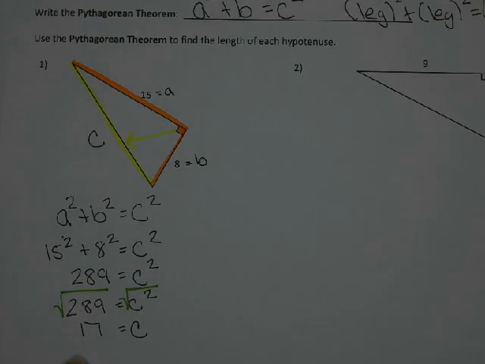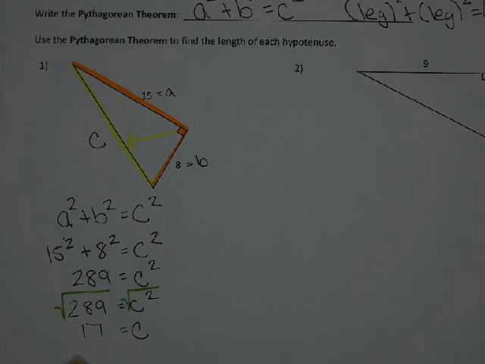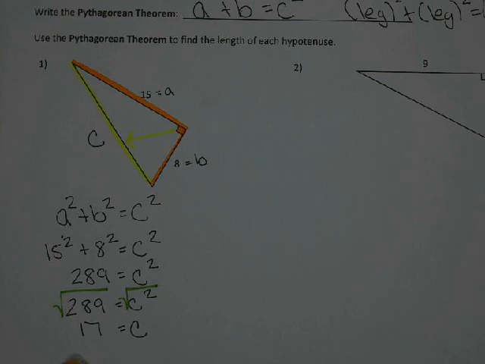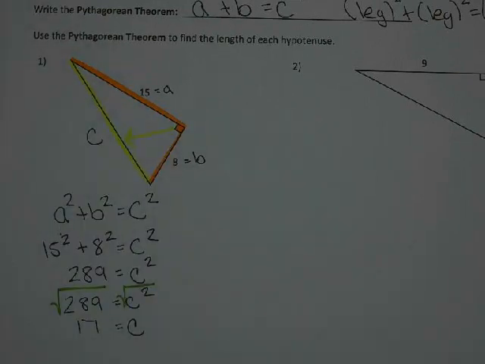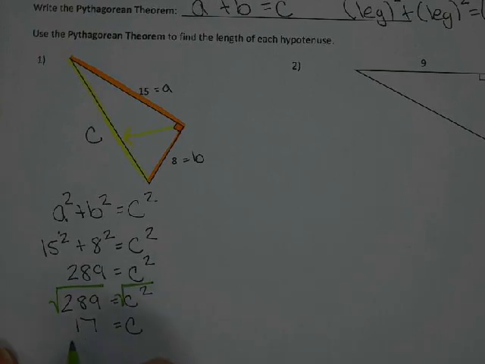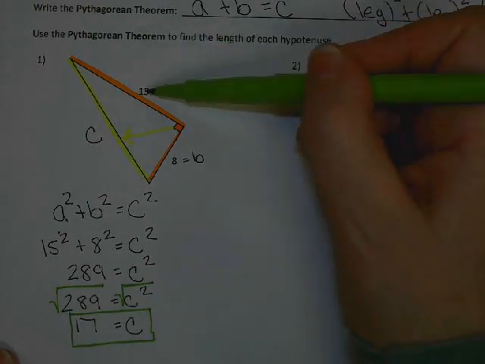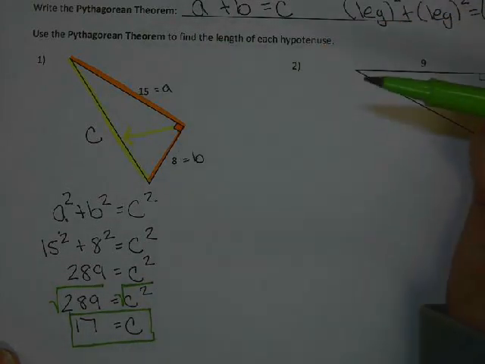What does that represent? 17 is C, right? What is that? What do these numbers out here mean? 15 and 8. Want the phones up. What do 15 and 8 mean?